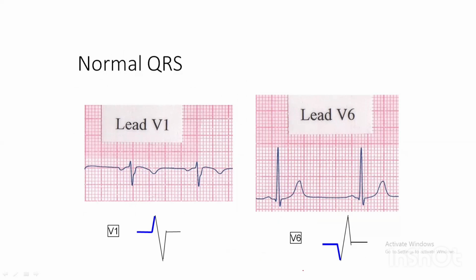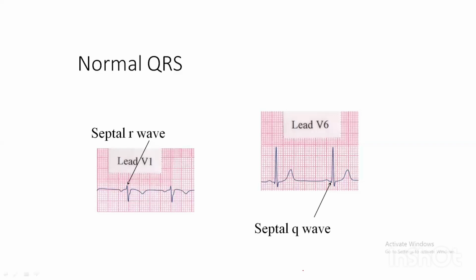But in V1 there is no Q wave actually. The first positive deflection is the R wave, and it looks like an opposite Q wave. So these are not abnormal Q waves. We will show what an abnormal Q wave means. This is a septal Q wave which is less than 25% of the R wave. I told you, to be significant, the Q wave must be more than 25% of the R wave.